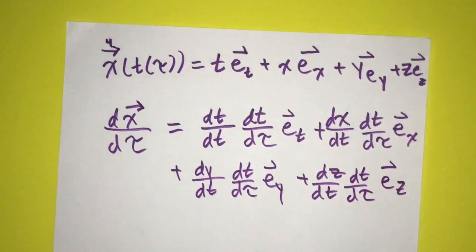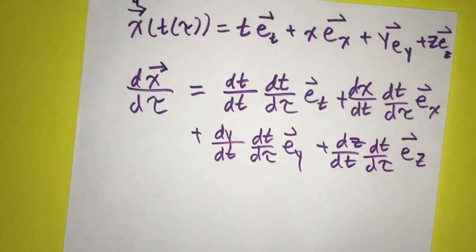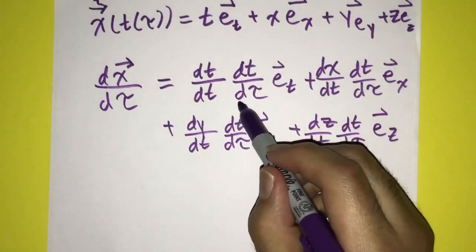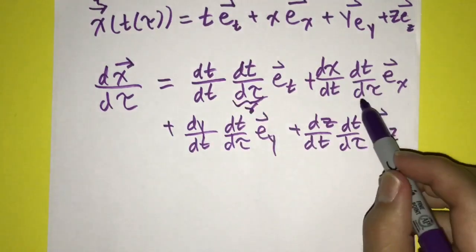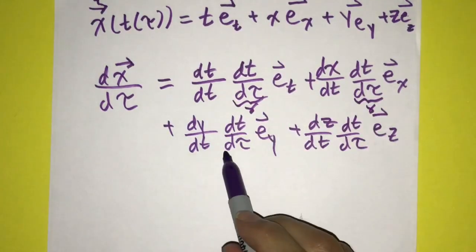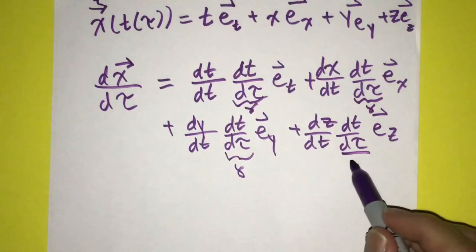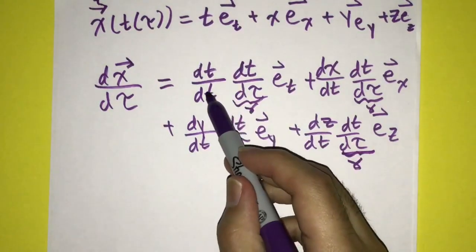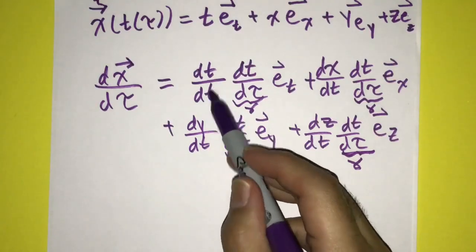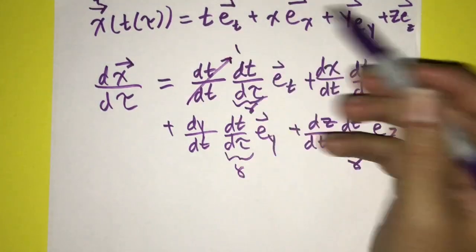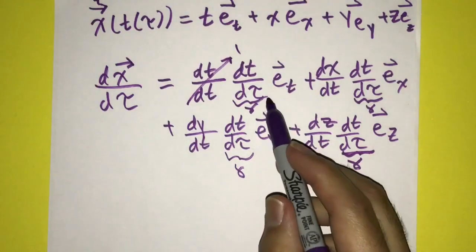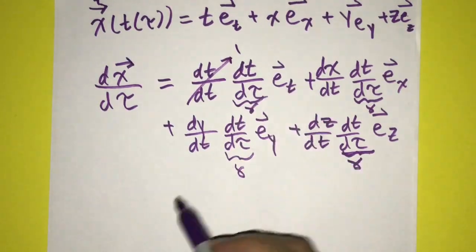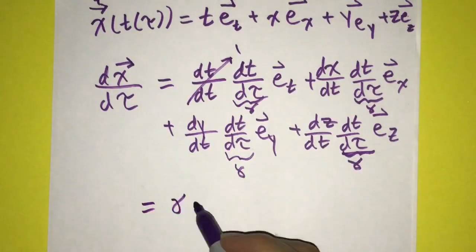Okay. So what do we see here from what we showed earlier? This term right here is gamma. Here we have another gamma, and here we have another gamma. The derivative of t with respect to t is just 1. So the component in the time direction is just gamma.